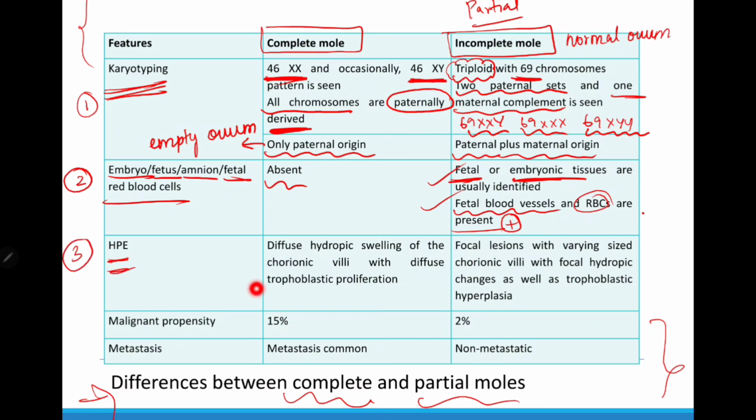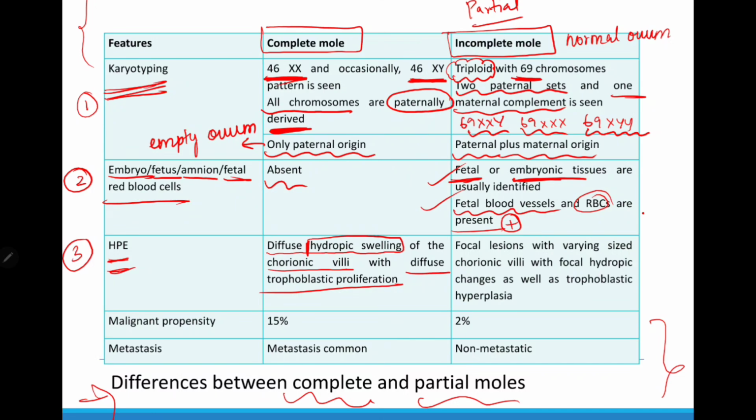Now moving on to histopathological examination. In complete mole, there is going to be diffuse hydropic swelling of the chorionic villi with diffuse trophoblastic proliferation. So in histopath, what will we see in complete mole?